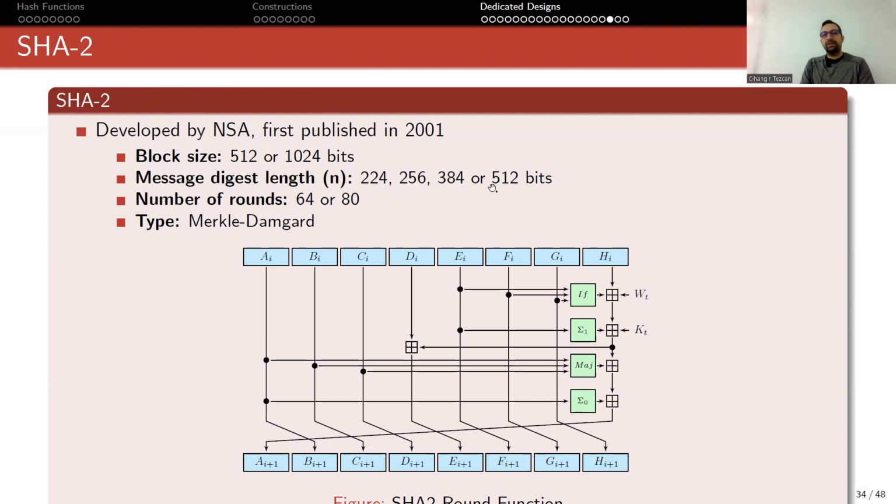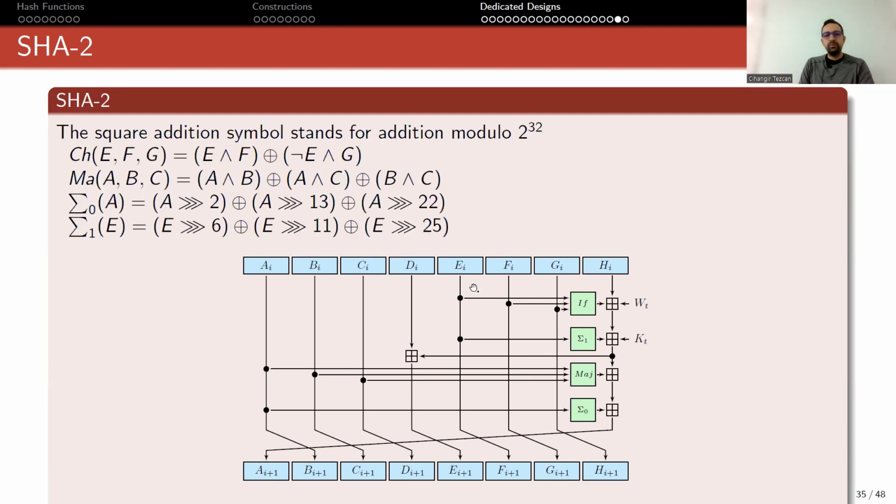Since the message digest length is increased, as you can see, we have more words here, so we have more operations here. The number of rounds depends on which output length you are using. Again, it is very similar to MD5 and SHA-1, but things are more complicated. These functions here, like the sigma functions, majority functions, or choose functions, are defined like this. And this is how SHA-2 works.